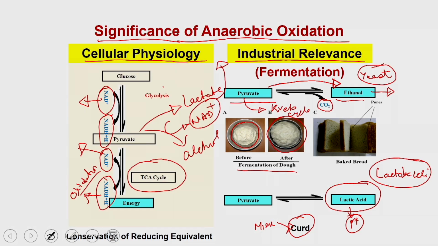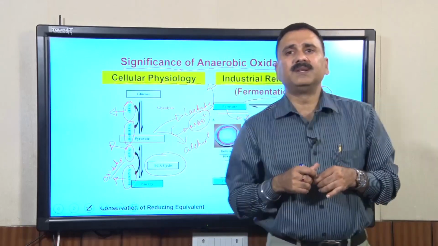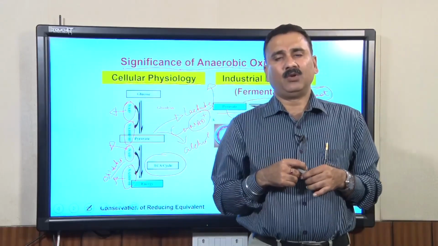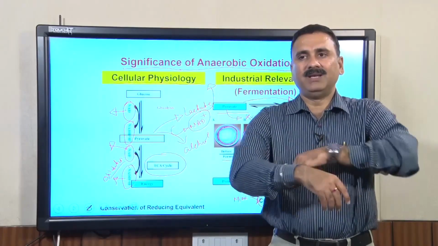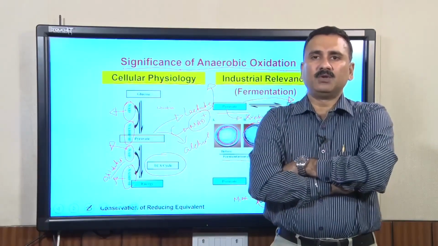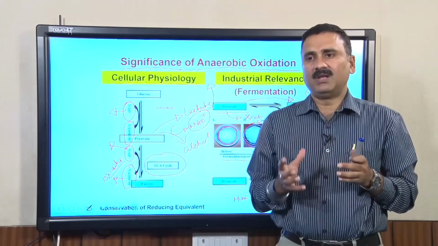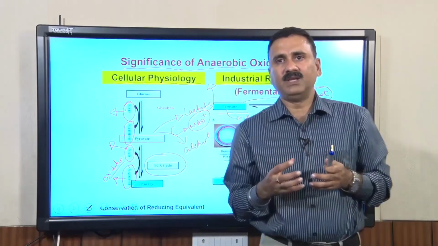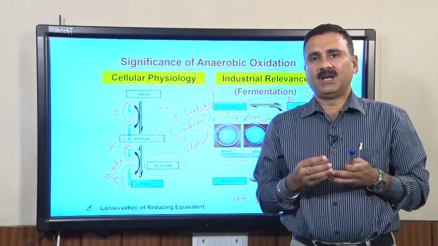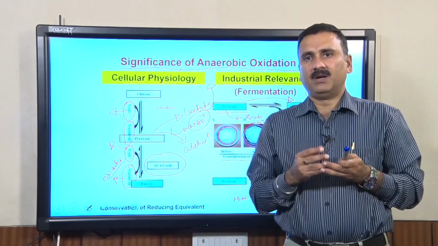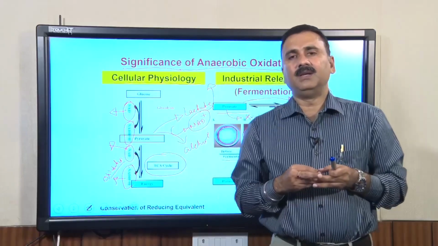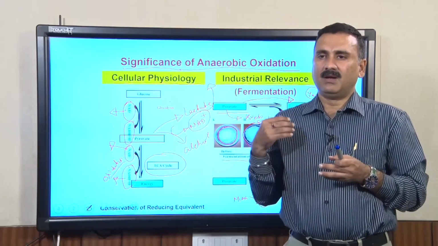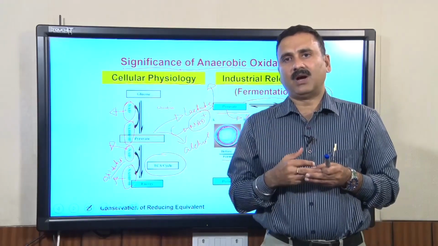So, what we have discussed so far is the cellular metabolism in mammalian cells, and we have also discussed the control as well as the relevance of these metabolic pathways in terms of driving the different types of reactions, as well as in terms of running the life cycle of the particular organism.